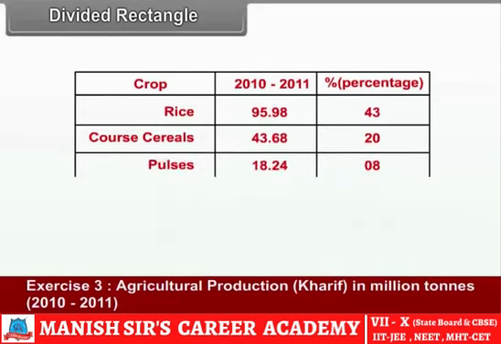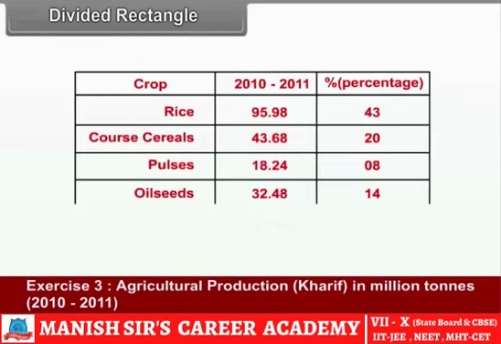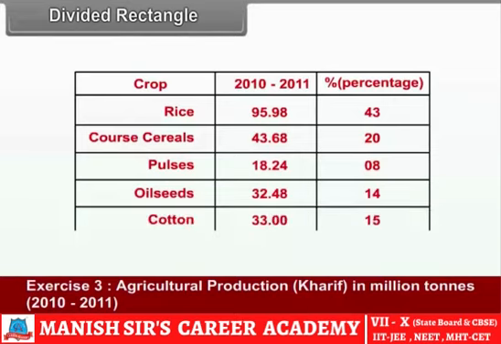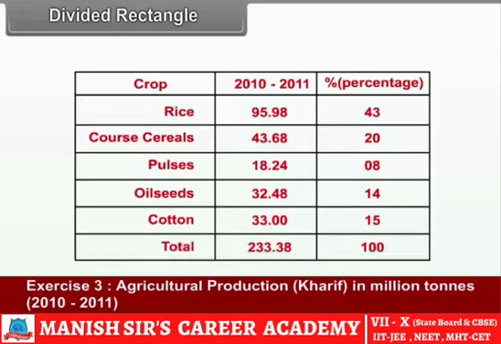Pulses, 18.24, 8%. Oilseeds, 32.48, 14%. Cotton, 33, 15%. Total, 223.38, that is 100%.